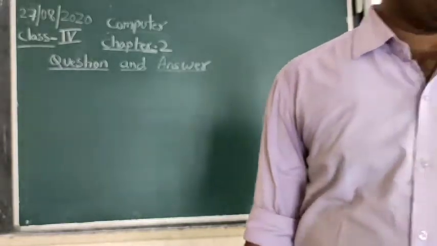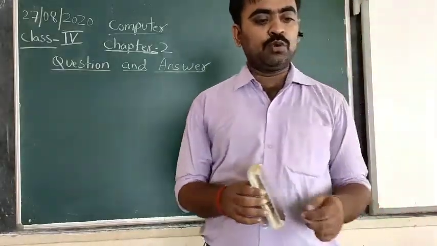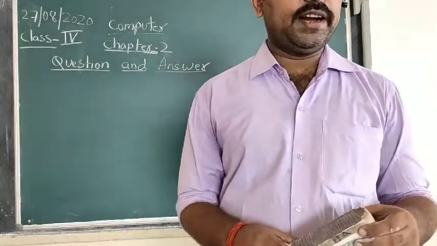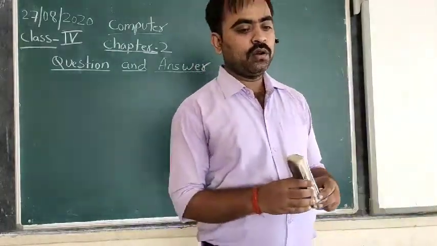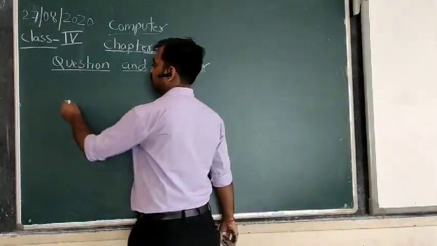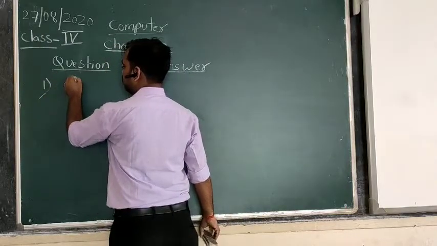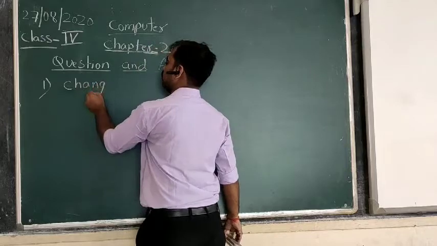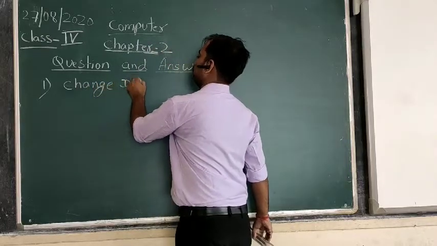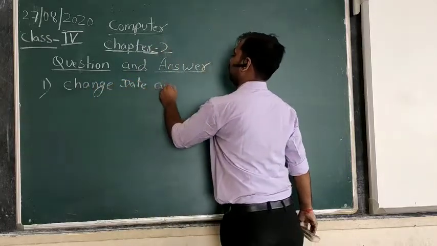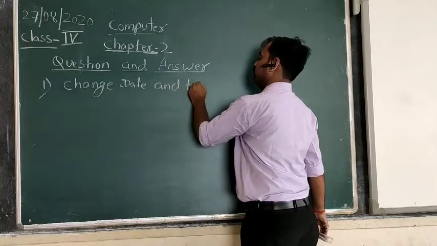was the first one. What is the process to be followed to change the date and time in Windows 7 computer? The first question is related to change date and time.